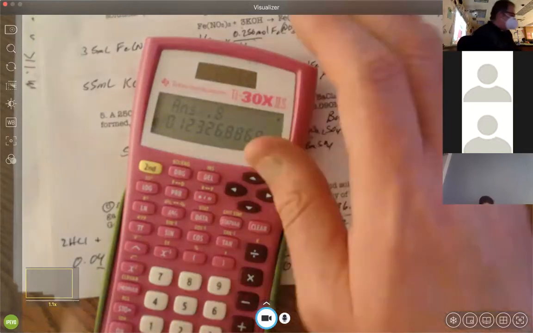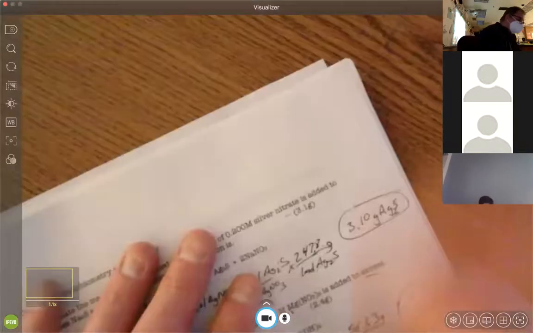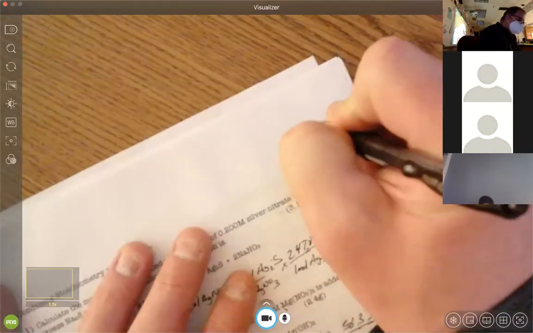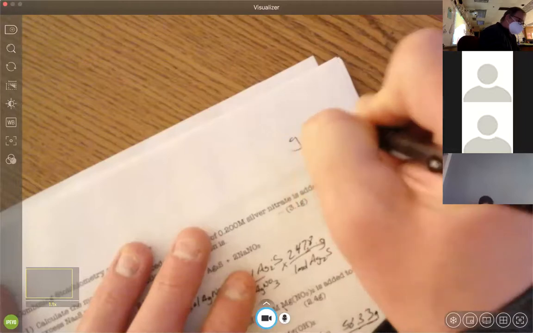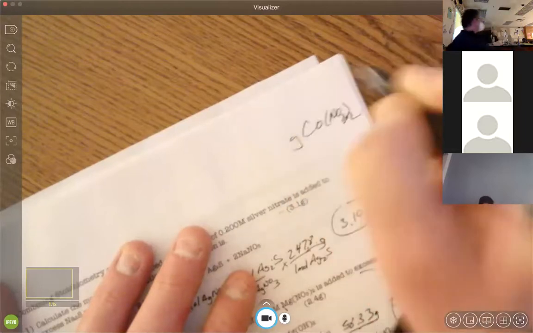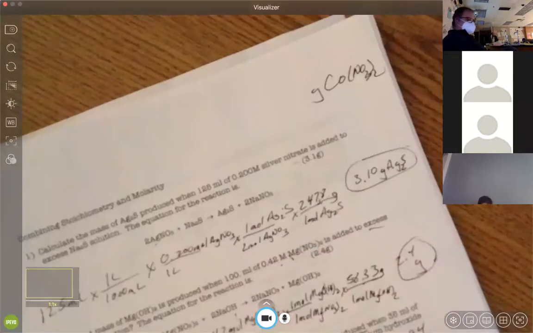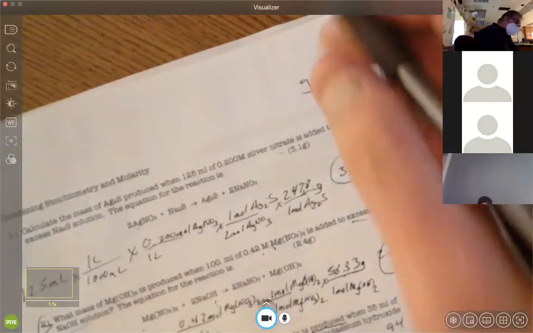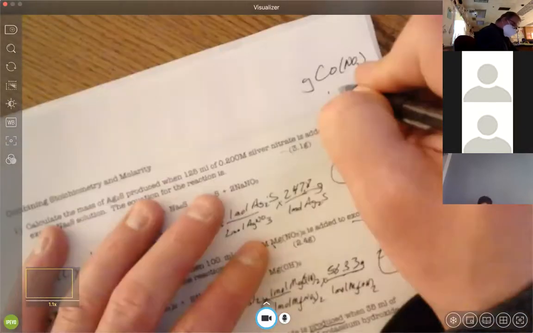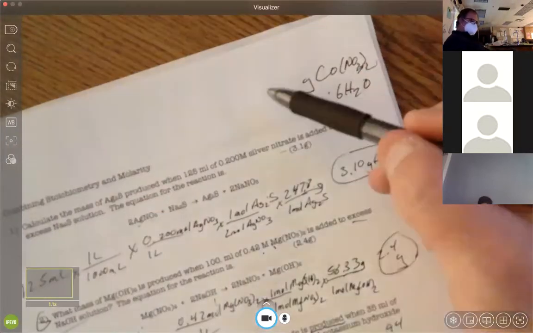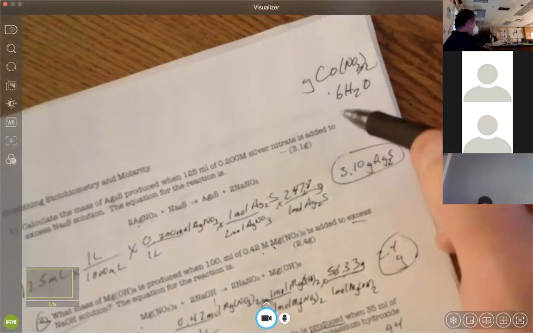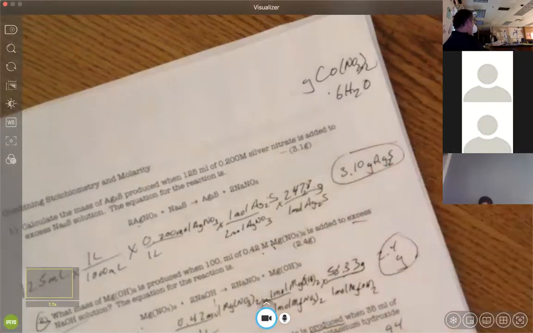All right, so everybody that's in here, do you have an amount of grams of cobalt 2 nitrate that you figured out yesterday? You were supposed to. So you should have an amount of grams of this. And you know the volume of water that you need, right? How much do you need?